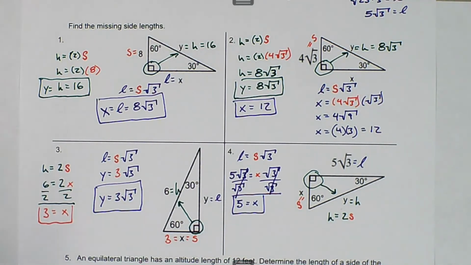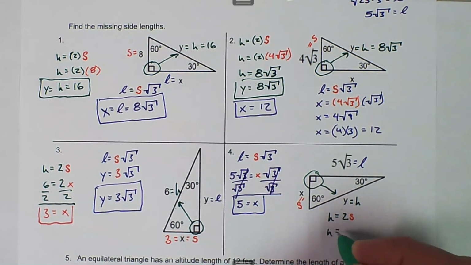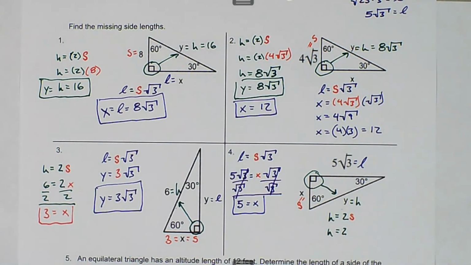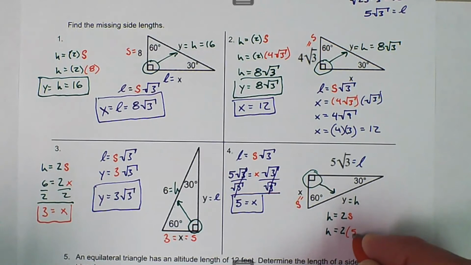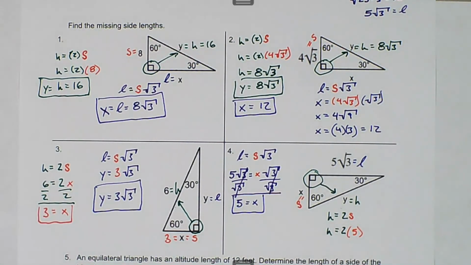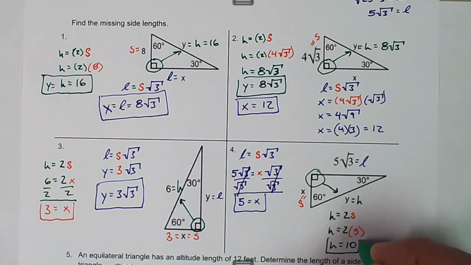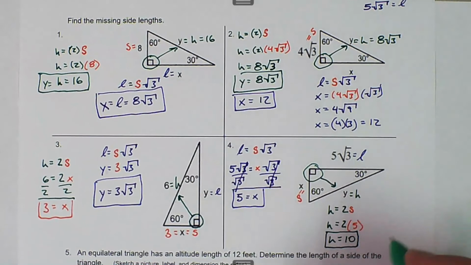So we're going to substitute 5 in for s. So the hypotenuse is equal to 2 times 5. So then we get H is equal to 10, which is also our y value.